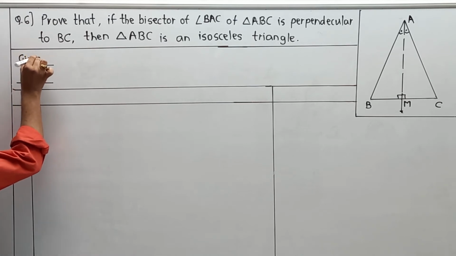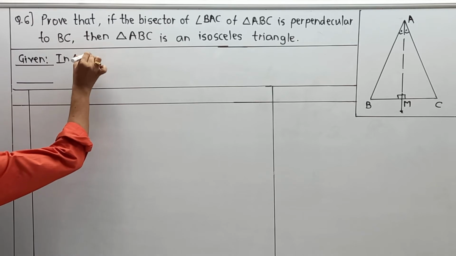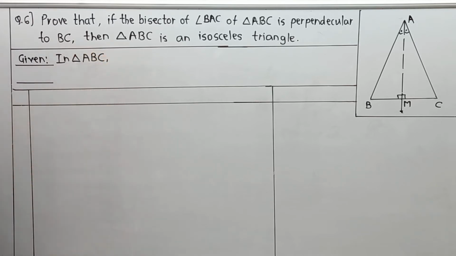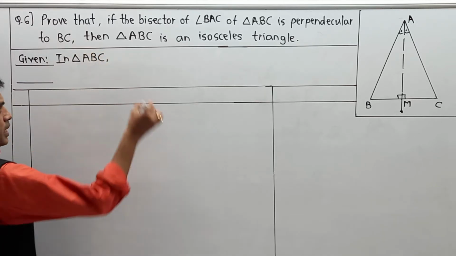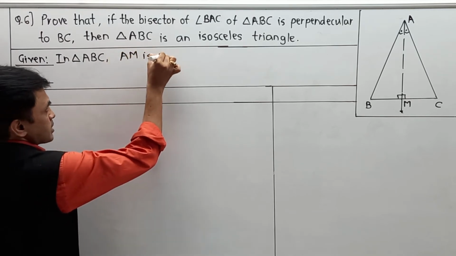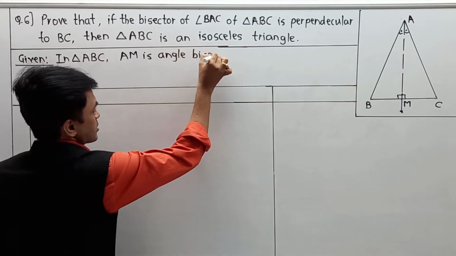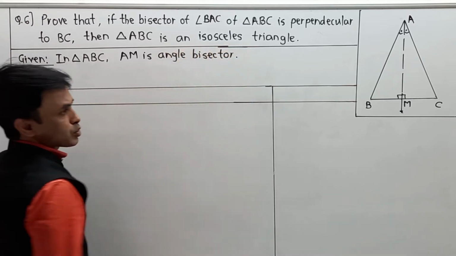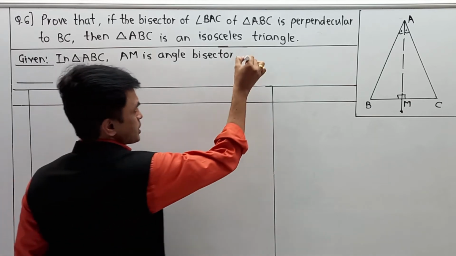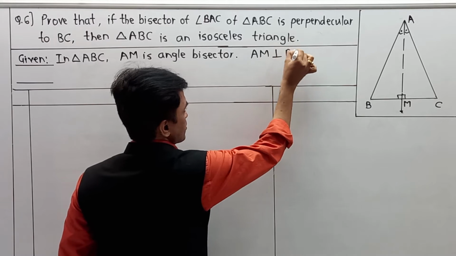Given: in triangle ABC, AM is the angle bisector. Also AM is perpendicular to the base BC, AM perpendicular to BC.